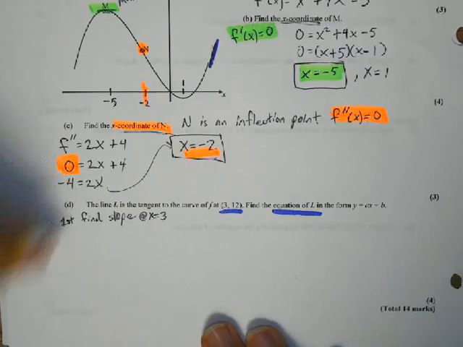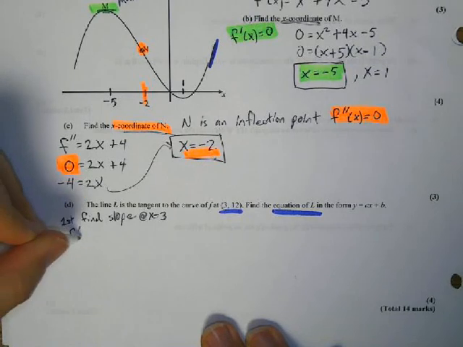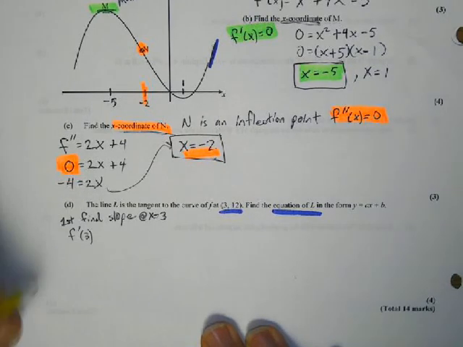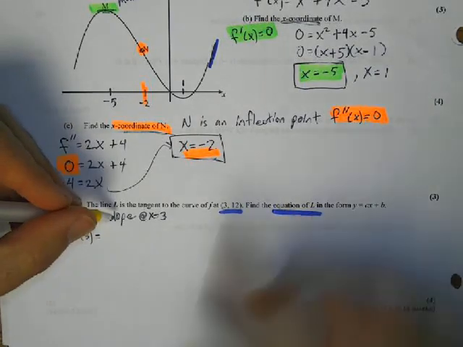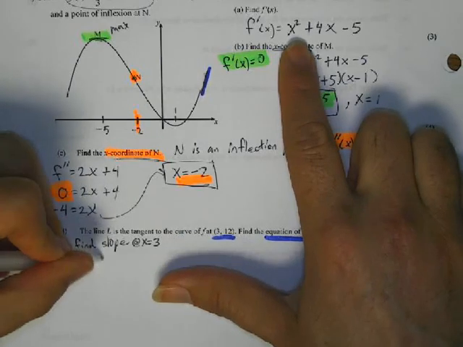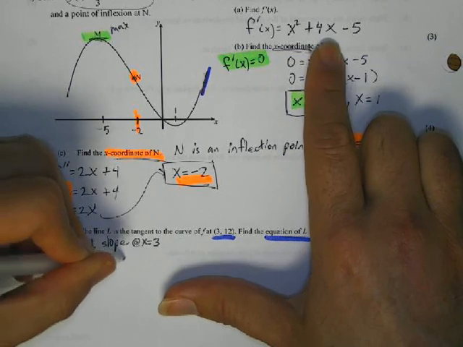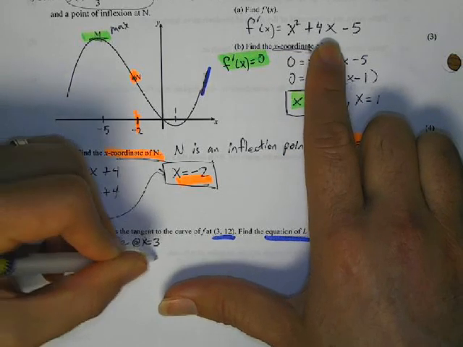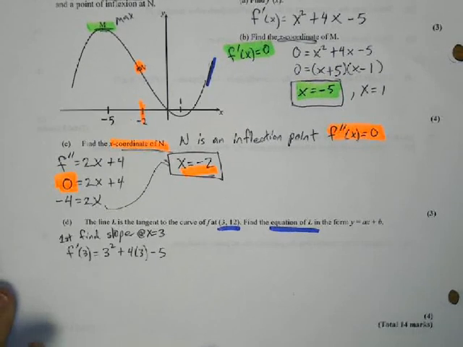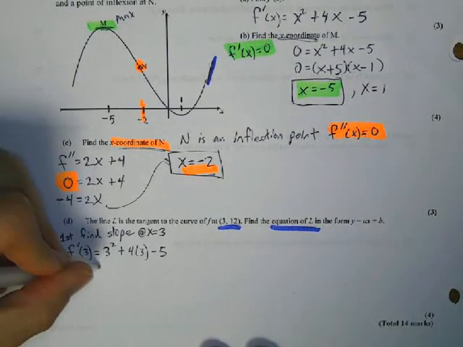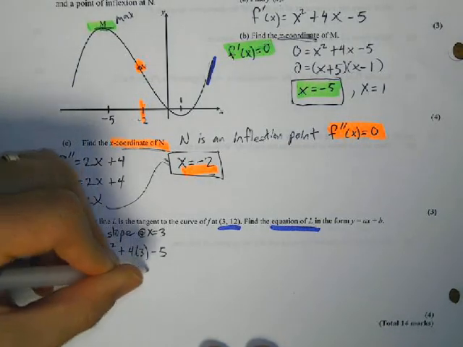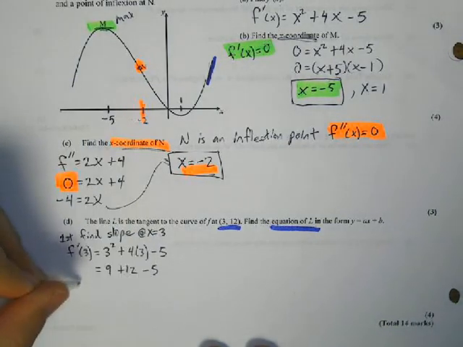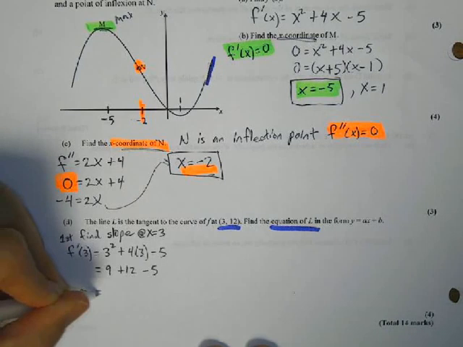I'm going to use the first derivative and plug 3 into that equation. So I'm going to have 3 squared plus 4 times 3 minus 5, and that's going to give me the slope when x equals 3. So then I end up with 9 plus 12 minus 5, and so my slope is equal to 16.